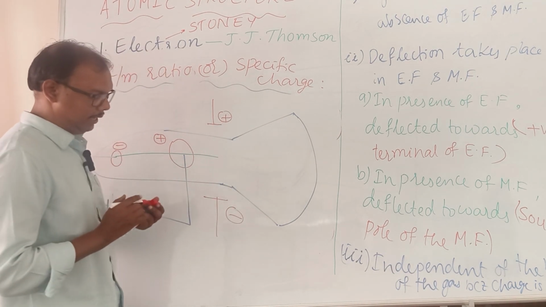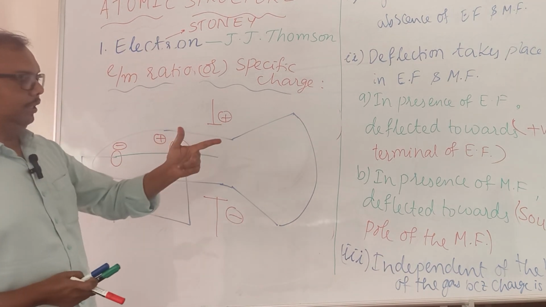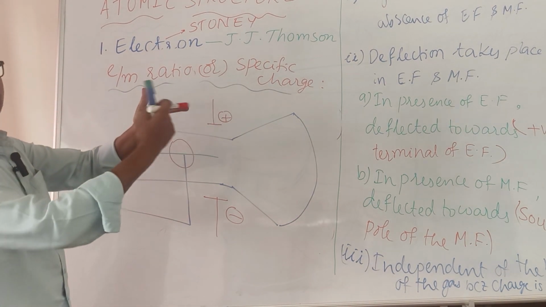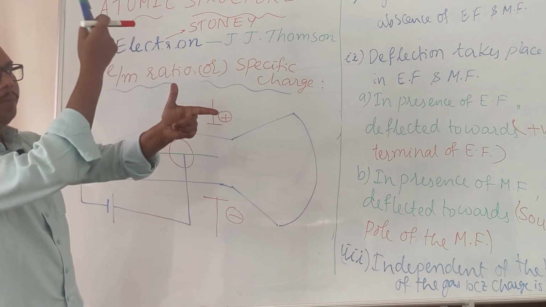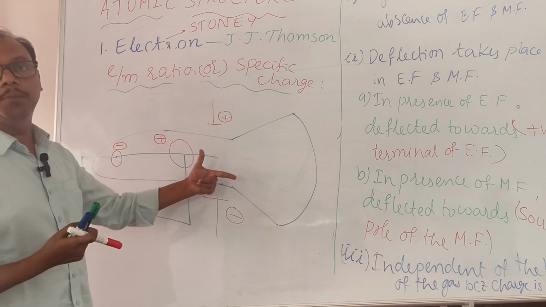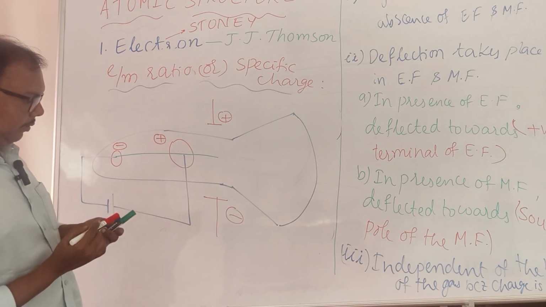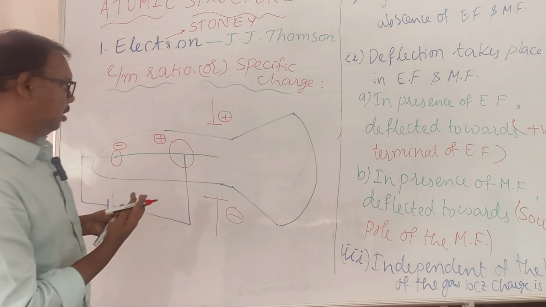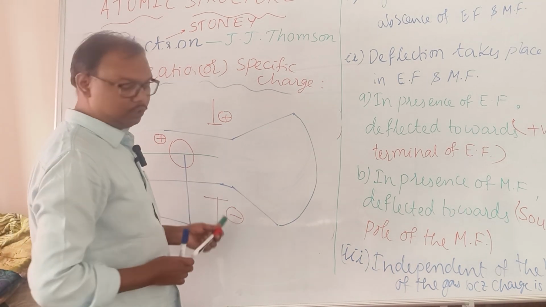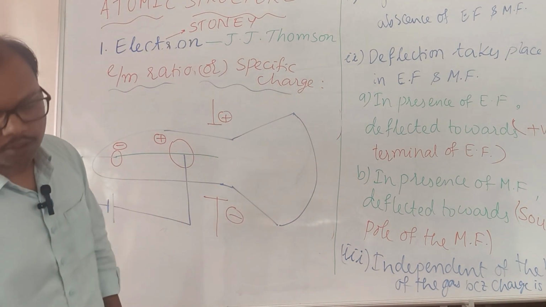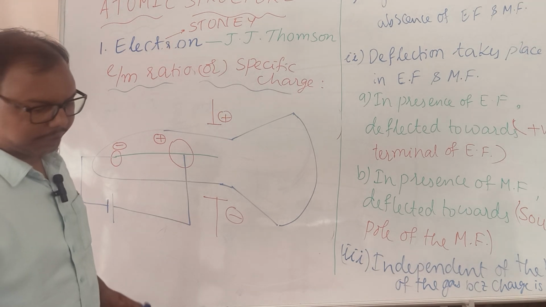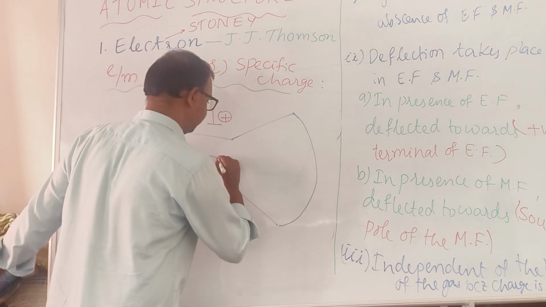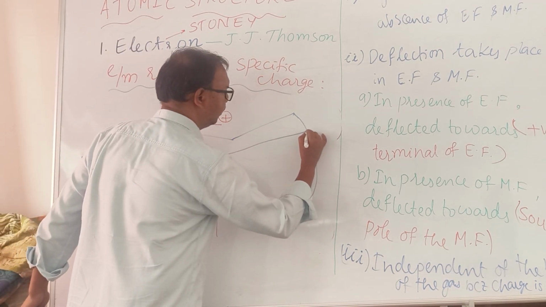The electric field is applied in the perpendicular direction to the propagation of cathode rays. Then these rays are deflected towards the positive terminal of the electric field.